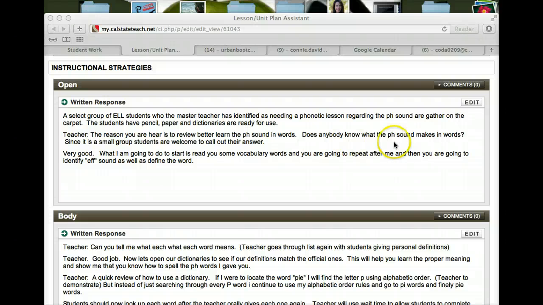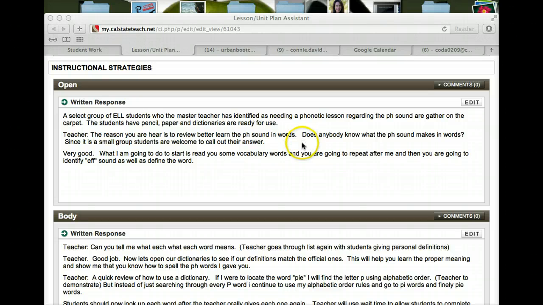So then the first thing you do is you say, does anybody know what the PH sound is? Well, you're teaching me the PH sound. You can ask that question, but remember, these are English language learners that you're working with, and some may not even have that sound in their native language. So you need to do something a little more interesting to get the students ready as the open for this lesson.